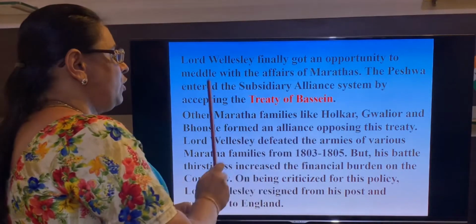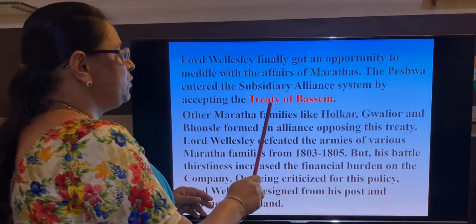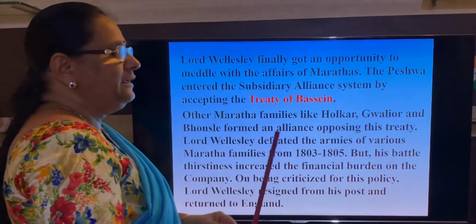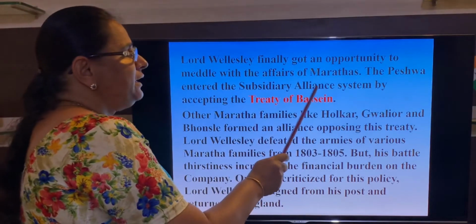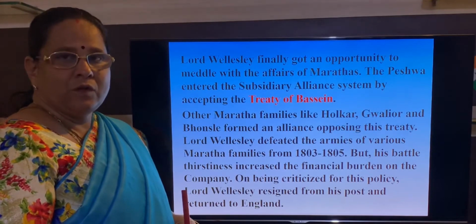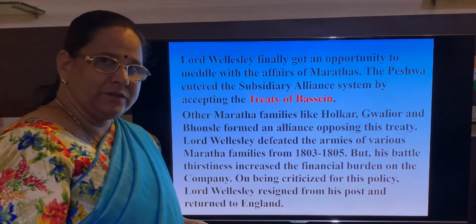The Peshwa was forced to sign a treaty, and the treaty was the Treaty of Basin, in which he accepted the subsidiary alliance. The Peshwa took the help of the English.